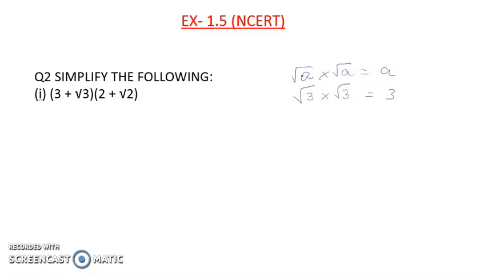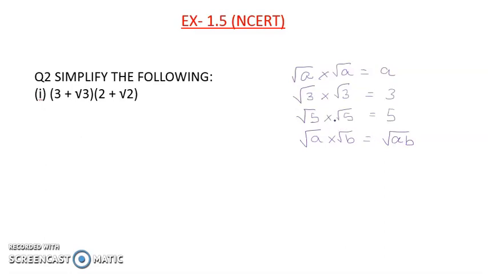When in square root we have same numbers, a and a will give me a, 3 and 3 will give me 3. Root 5 into root 5 is equal to 5. So remember this. And root a into root b is equal to root ab.